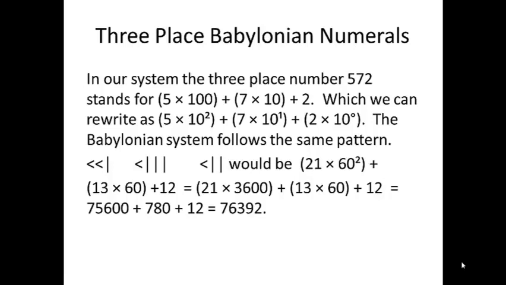So if we have this number here, we have 21 in the third place, so we have 21 60 squares. We have 13 in the second place, so we have 13 60s, and we have 12 in the first place, so we have 12 1s. And that all adds up to 76,392.